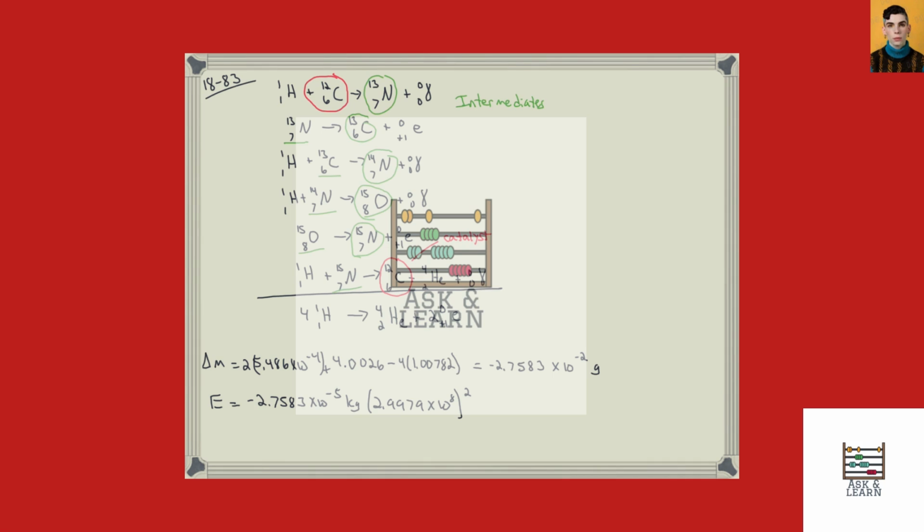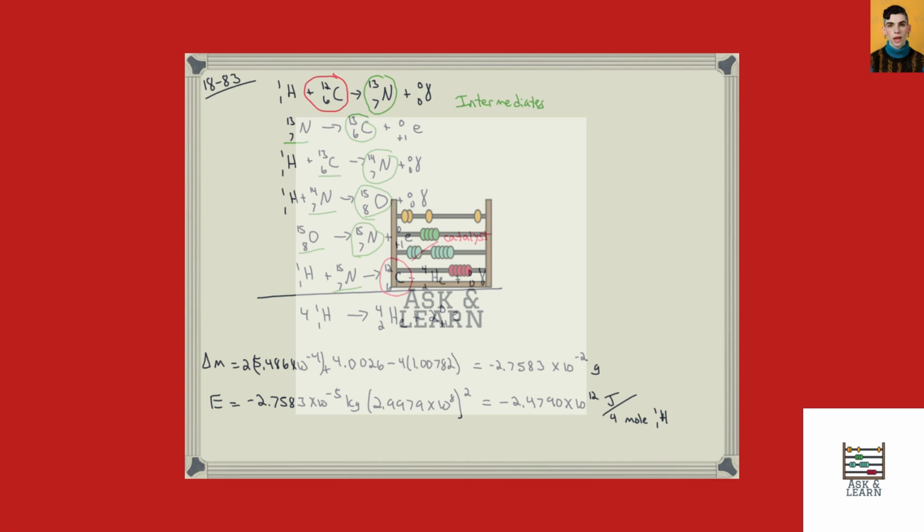This will then give us a total amount of energy for this reaction as written of negative 2.4790 times 10 to the 12 joules. However, this is for the reaction as written, and as written, 4 moles of protons are involved. So this is the joules per 4 moles of protons.